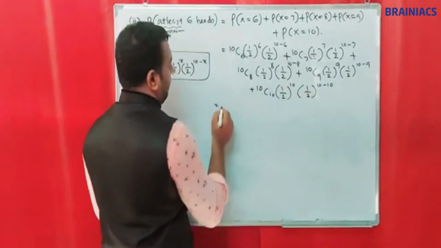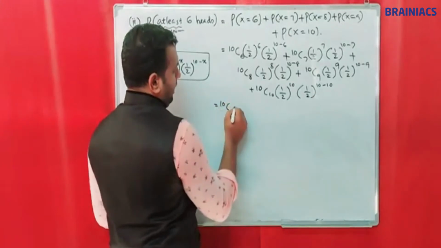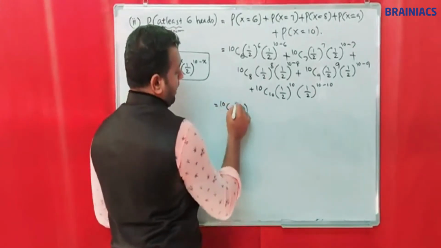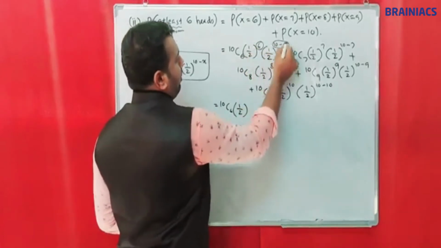So the answer will be 10C6 into 1 by 2 raised to what? Here it is 6 and here it is 4.